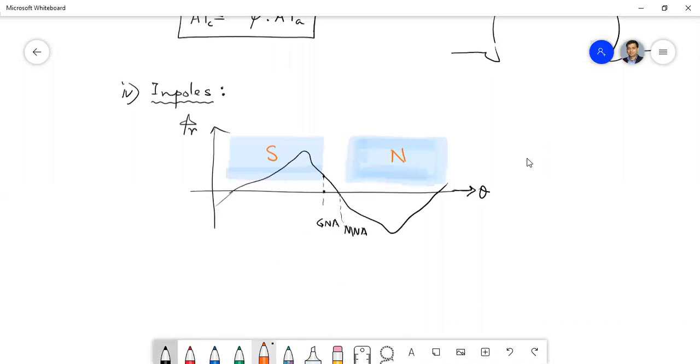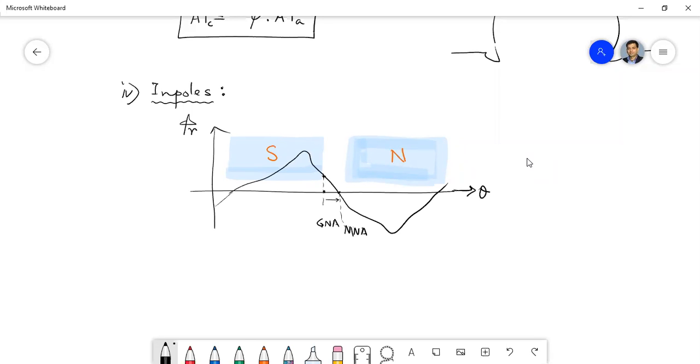Now, if the positive flux is already there at the GNA, and I want to make it 0, why? Because I want my MNA to be at GNA. But due to the armature reaction, MNA has shifted to its new position.